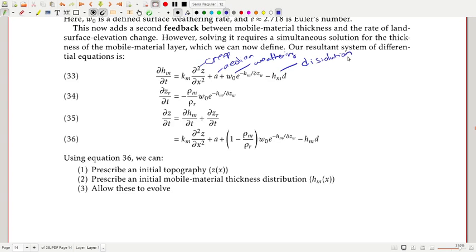And so if we look at that, we can start to think about some of the other pieces that are important. So we can look at what the elevation of the rock is over time. So this is mobile material, rock surface. And then we know that the change in elevation over change in time is the mobile material thickness plus the elevation of the rock surface. And so we just add this piece in here.